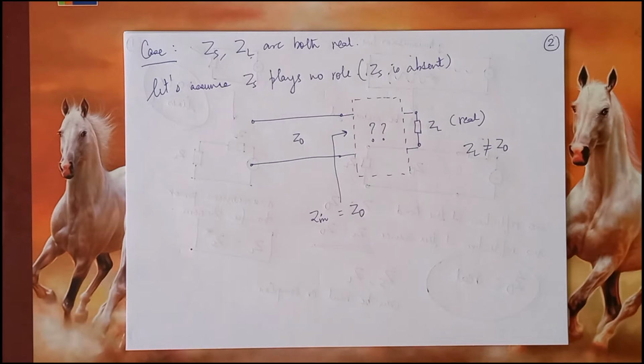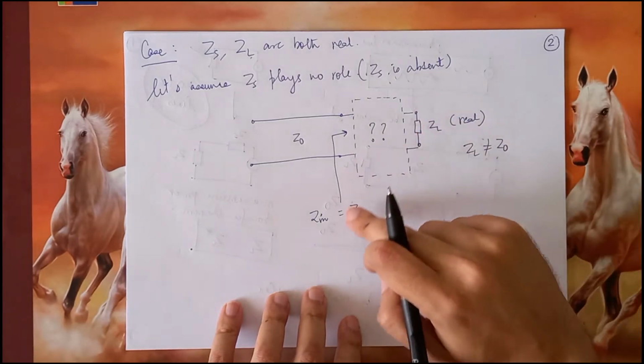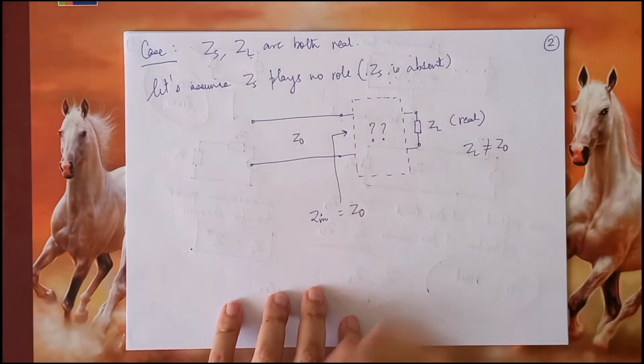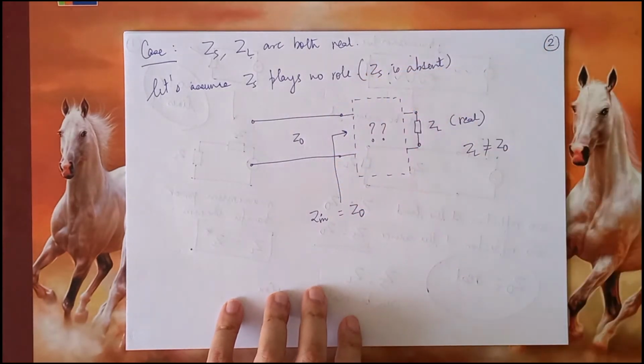But immediately we have to ensure a few things. We have to ensure that even if this condition is satisfied, the wave must reach this load impedance without any loss.